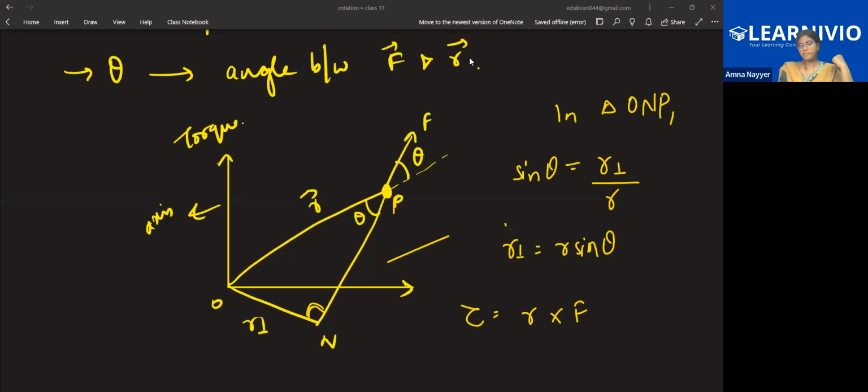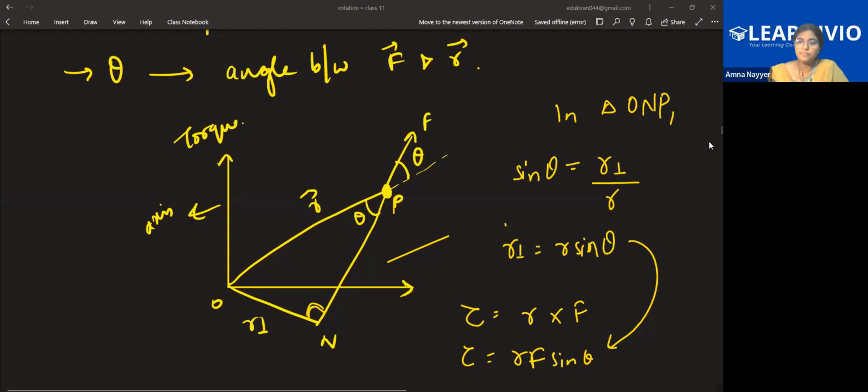Yes, correct. So this will be R F sine theta. This is actually the placement of R, that's why we are writing it as R F sine theta. Just remember, this is the perpendicular radius. R is basically the perpendicular separation from the axis.